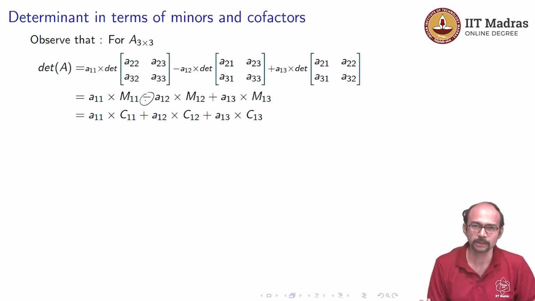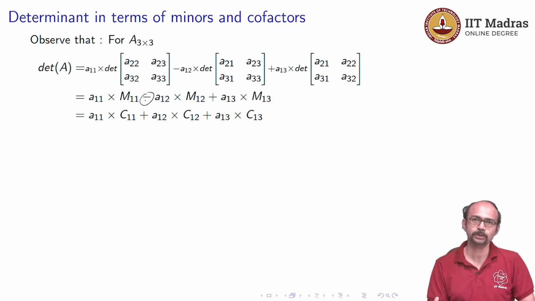If we do not want to remember the signs, then we will take care of those signs using the cofactors. Okay. So, this is the expression for the determinant of a 3 by 3 matrix in terms of the cofactors. And remember, the minors meant that you compute determinants of 2 by 2 matrices.